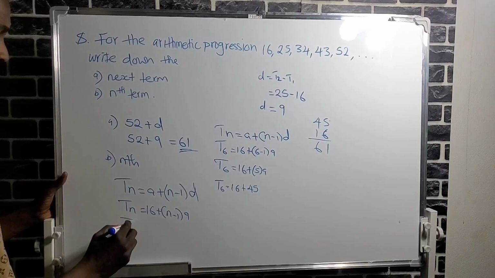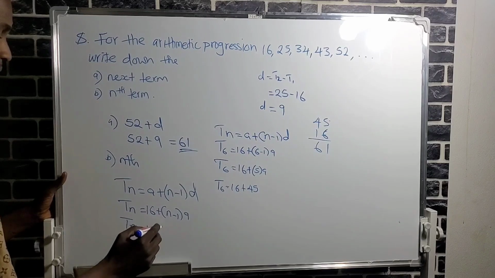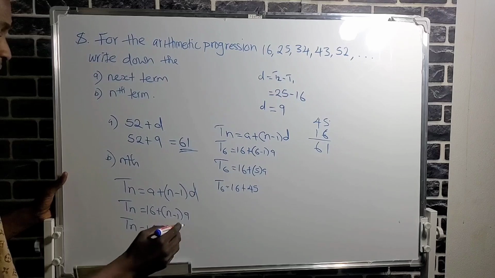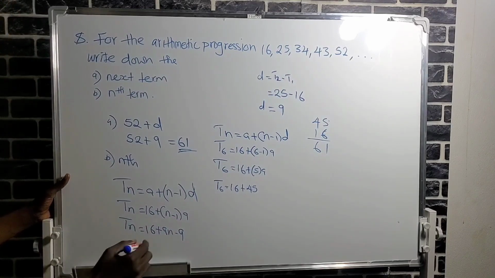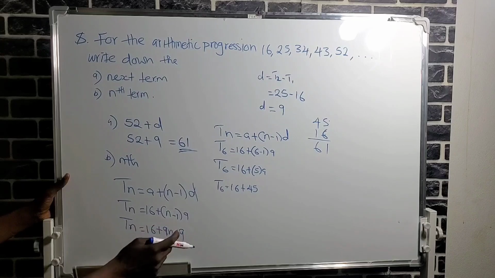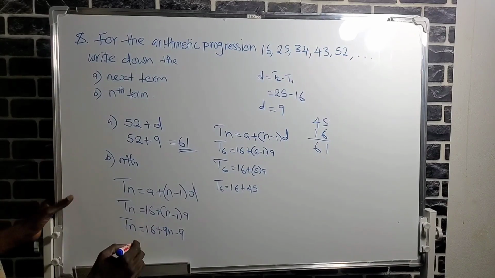So we can just say Tn is equal to 16, 9 times n is 9n, 9 times negative 1 will be negative 9. Alright, we have like terms, so we can group the like terms together.